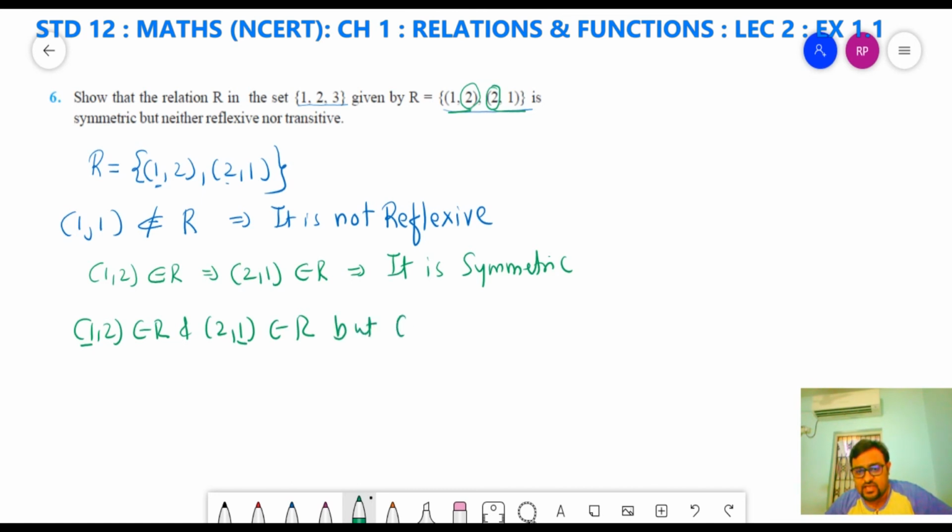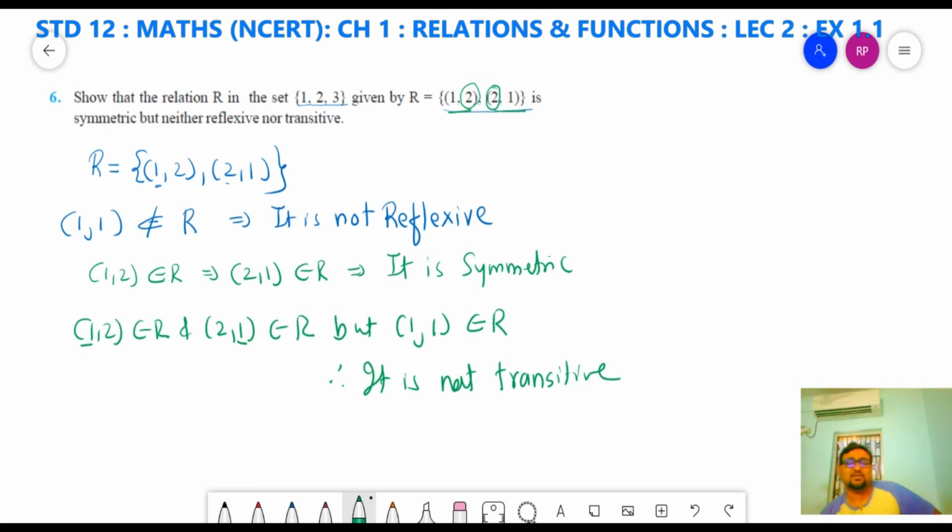But in this case, (1, 1) does not belong to R. Therefore, it is not transitive. So the given relation is symmetric but neither reflexive nor transitive. Clear? So note down question number 6.